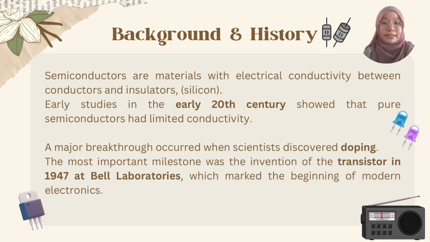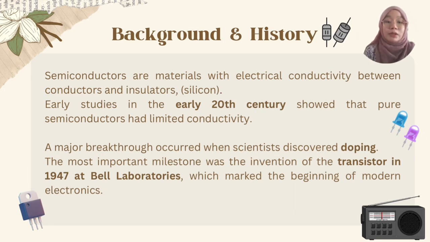Next, I will explain about background and history. So, what is a semiconductor? A semiconductor is a material with electrical conductivity between conductors and insulators, commonly made from silicon. Early studies in the early 20th century showed that pure semiconductors had limited conductivity. A major breakthrough occurred when scientists discovered doping.